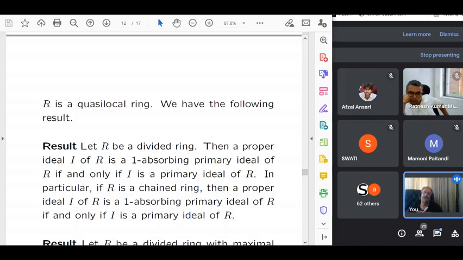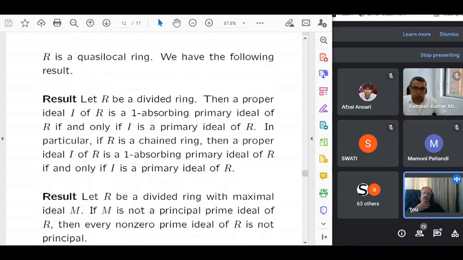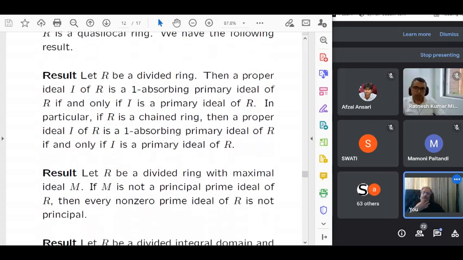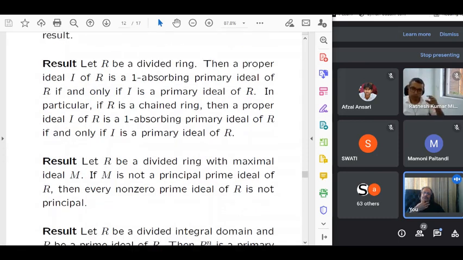Look at this result. Here is an example of quasi-local rings where the two concepts are the same. If R is a divided ring, then a proper ideal I is one absorbing primary if and only if I is primary. So you can say this is an answer to the question you might have in mind. And as a consequence of this result, you can prove this result.